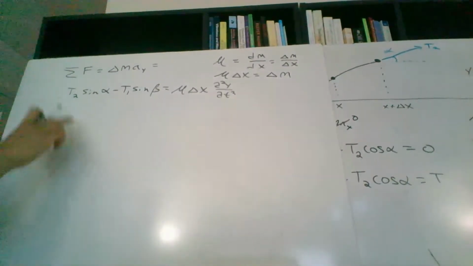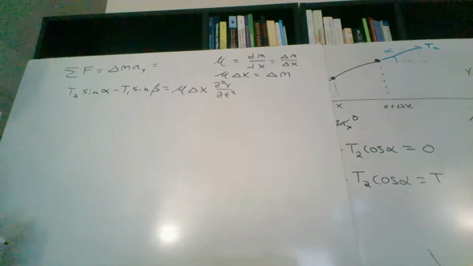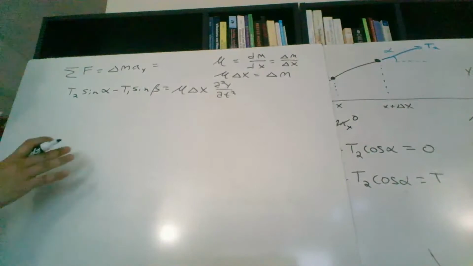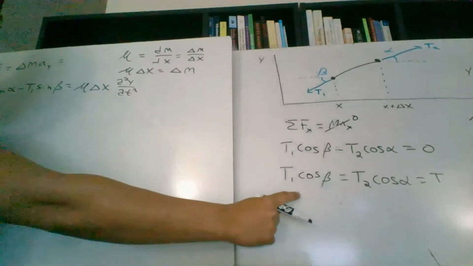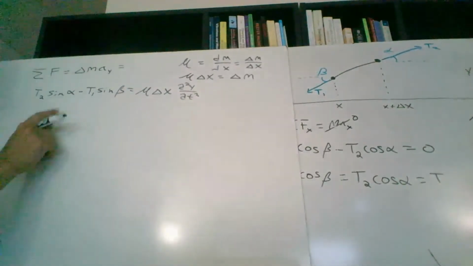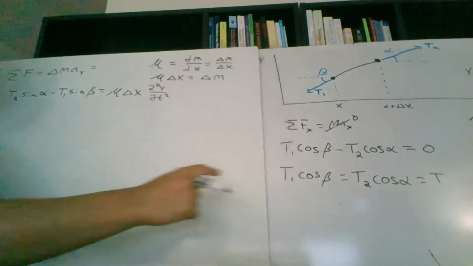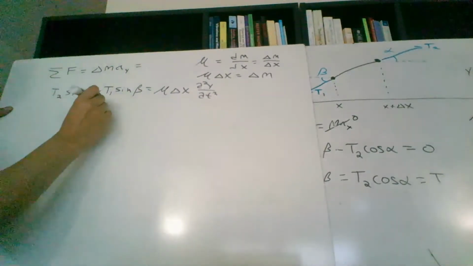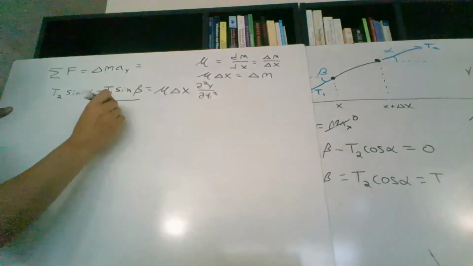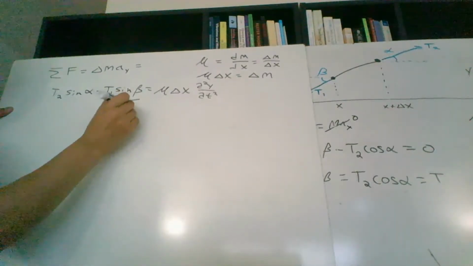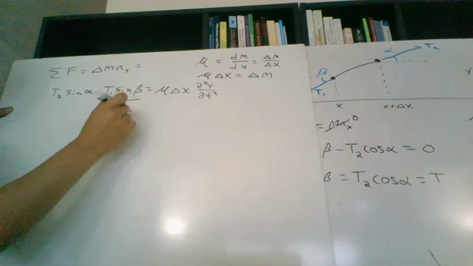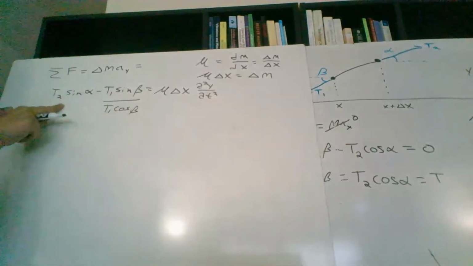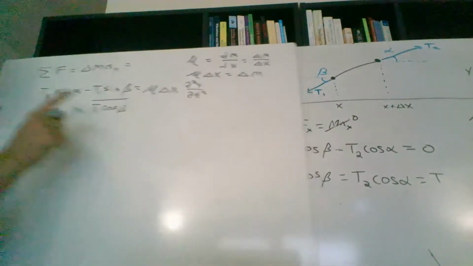Okay, so there's what we have so far. And what I'm going to do now is to take this equation right here and divide it by this equation right here. So if I divide this side by T1 cosine beta, then I have to divide this thing by T1 cosine beta.